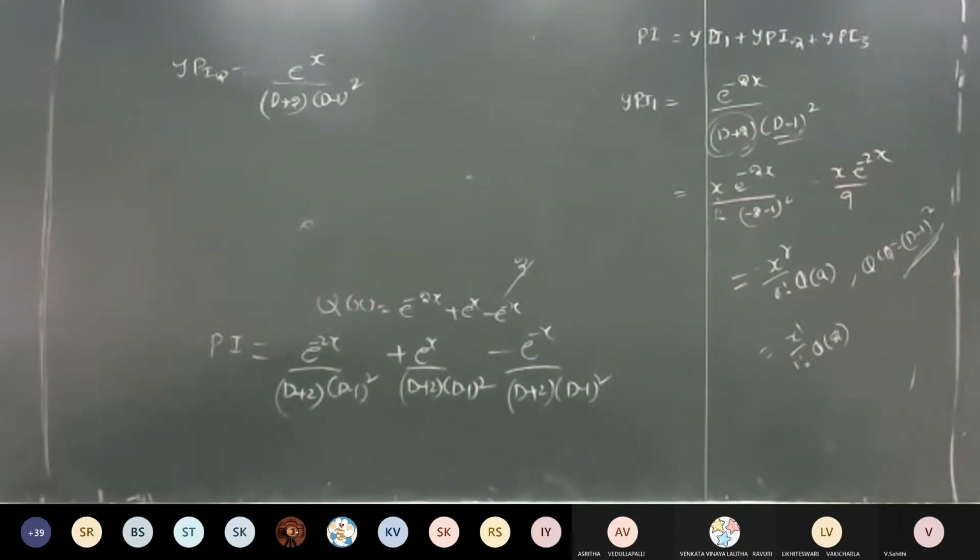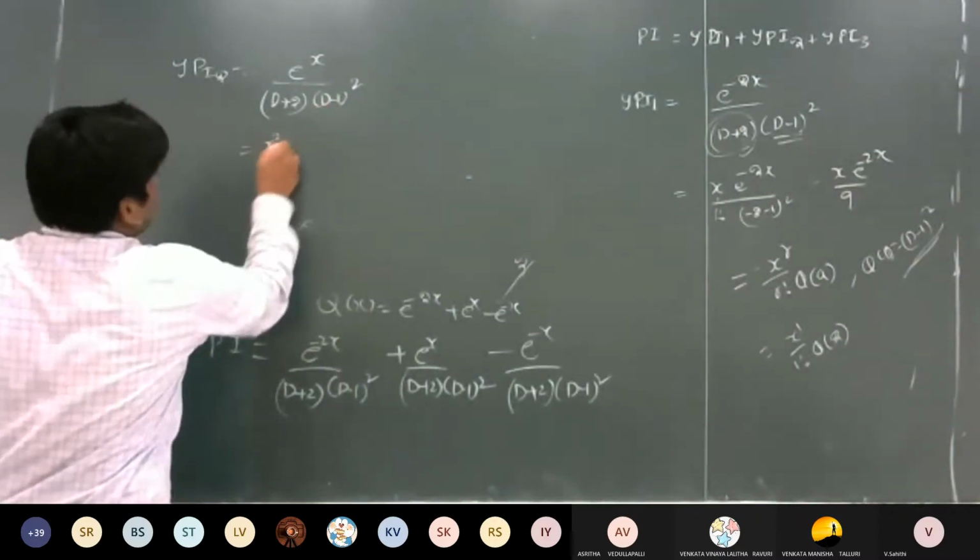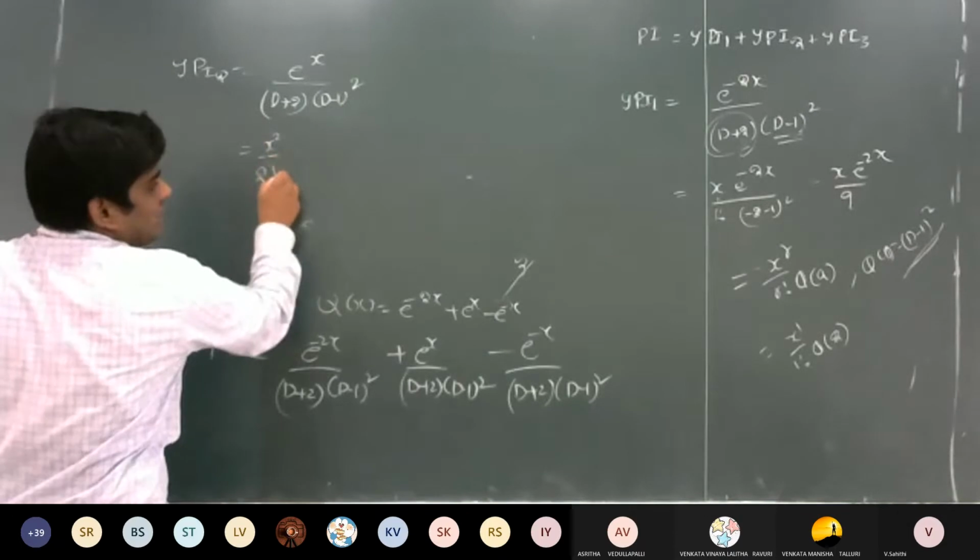And one more thing: in f of d, when you replace d equal to a, is there any non-zero factor? D plus 2 is the non-zero factor, sir. Yeah, d plus 2 is the non-zero factor, so that is phi of d. In this case, first we apply this one. The root is repeated, so x square, two times, by 2 factorial.